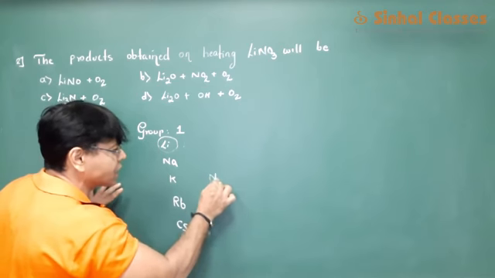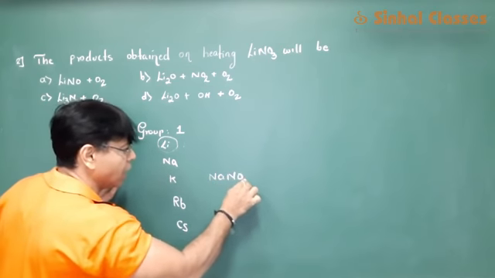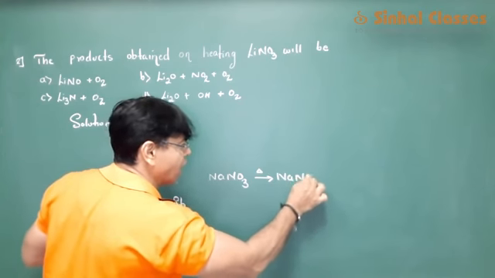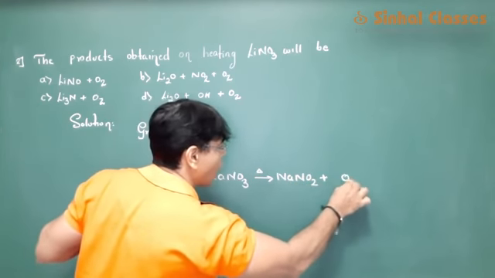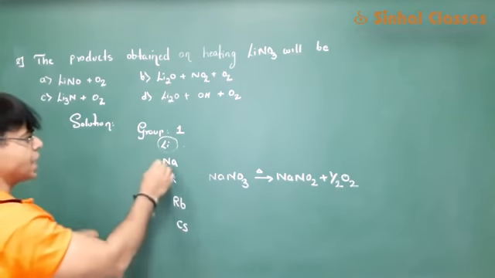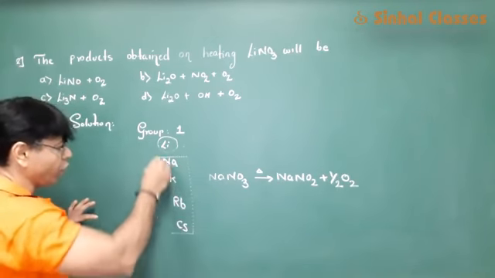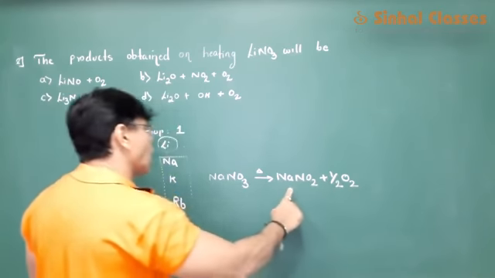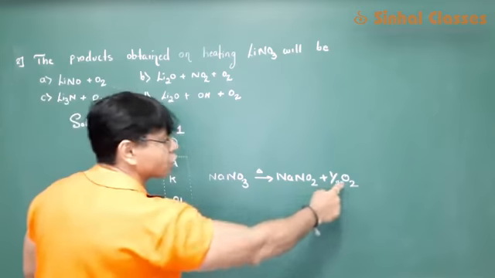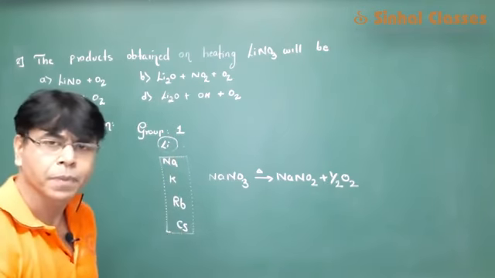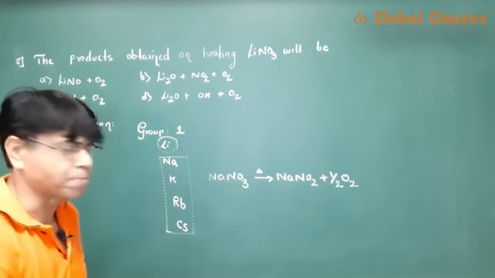Nitrates of all the others, for example NaNO3, the moment you heat it, it gives you NaNO2 plus half O2 gas. So metal nitrate for all of them will give you metal nitrite plus half oxygen, except lithium. Lithium is an exception.